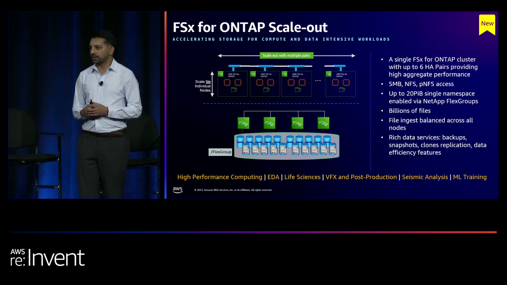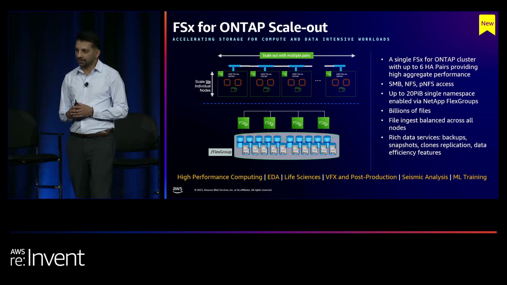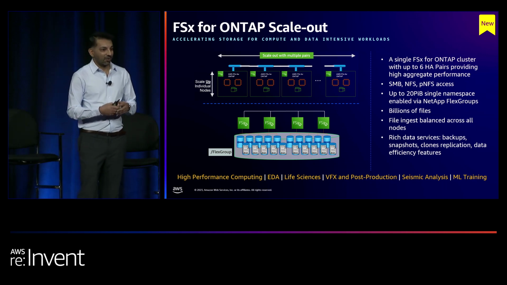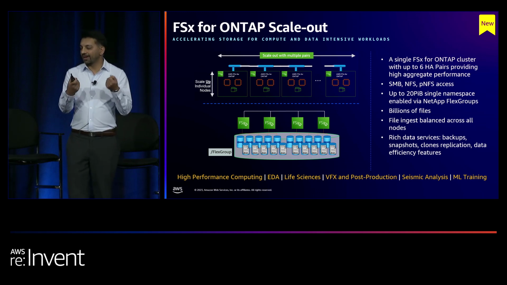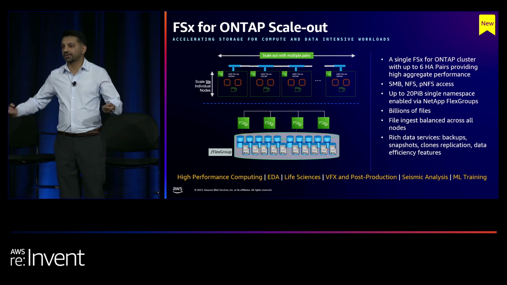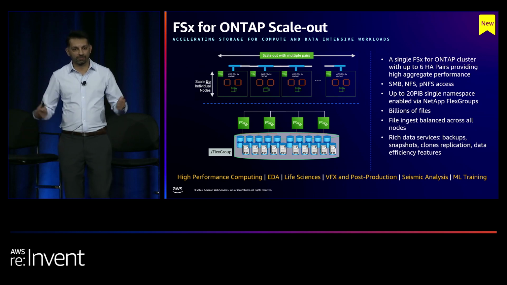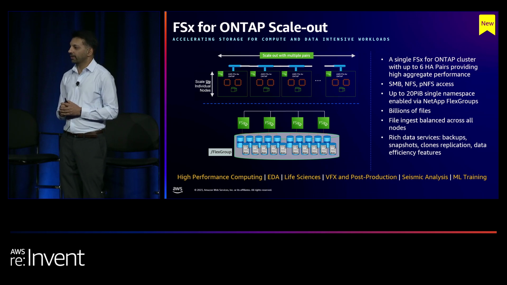We utilize a technology called FlexGroup, which, if you've been using FSx for ONTAP, we already had within a single HA pair. And now the same FlexGroup can be extended across 6 HA pairs to give you the aggregate capacity and the aggregate performance across all those 6 pairs working together.